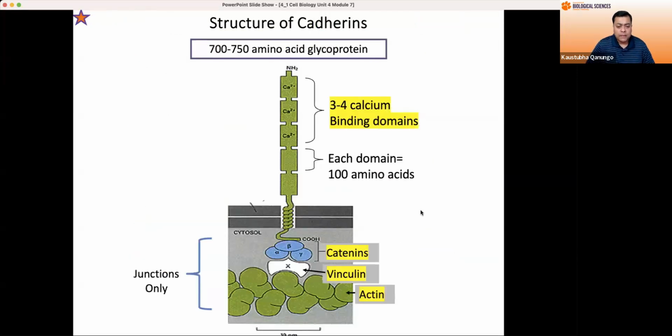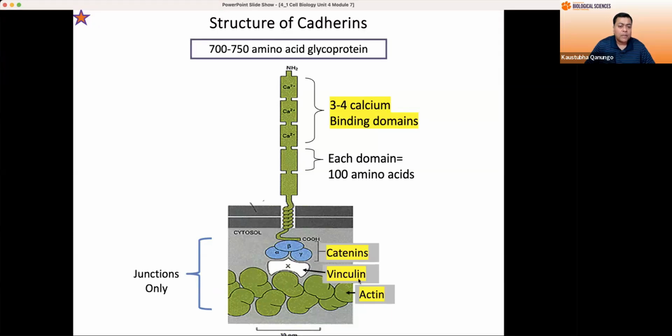So what is a typical structure? Now you can see that there is an extracellular domain, and you have the N-terminal outside, and then there are 3-4 calcium binding domains, and each domain has about 100 amino acids. And then you have a transmembrane domain, and then you have a cytosolic domain, and the cytosolic domain binds with the plaque proteins or the intracellular attachment proteins.